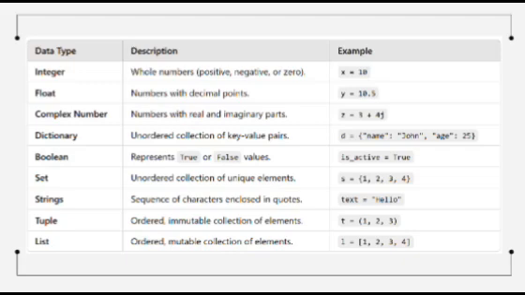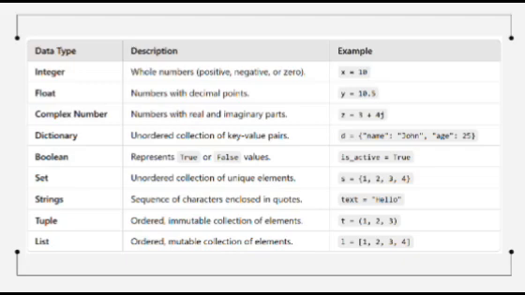Tuple: ordered immutable collection of elements. Immutable means they can't be mutated again. So they are called tuples. List: ordered mutable collection of elements. So here a list means it can be changed again.